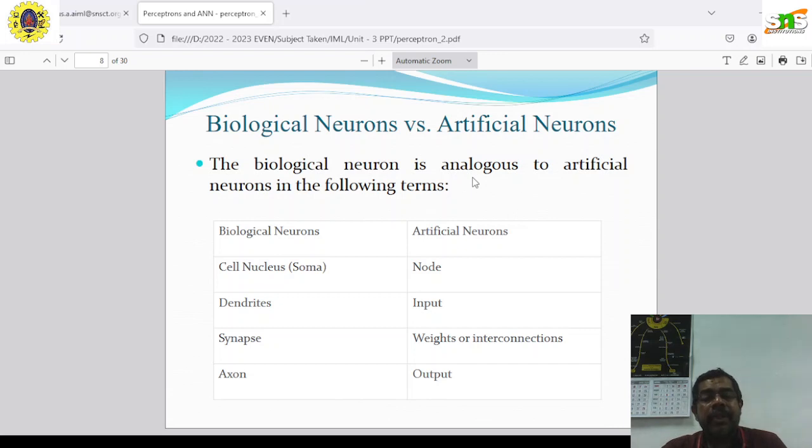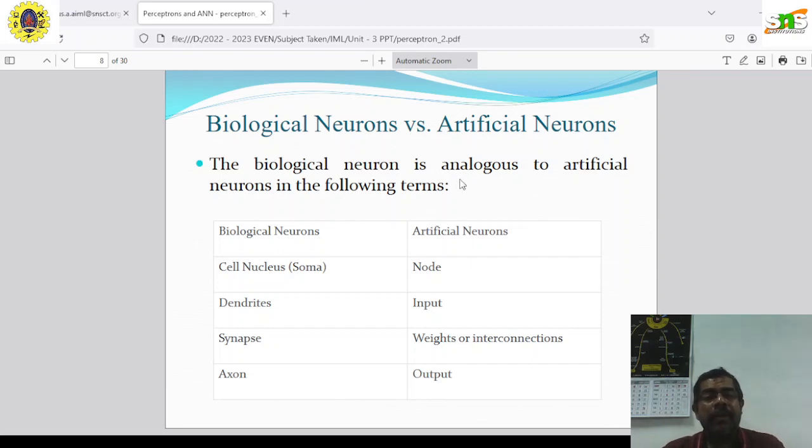The dendrites in a real neuron are treated as inputs for artificial neurons. The synapse is treated as the weights or interconnections in the implemented neural network. The axon in real neurons is treated as the output in neural networks.